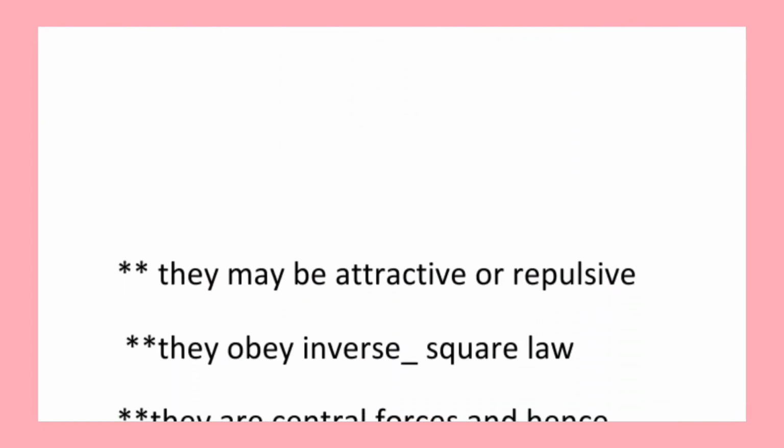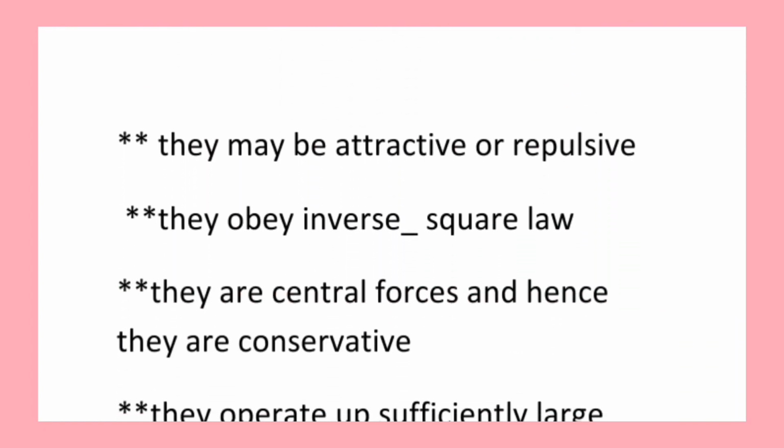As we look into the properties of electromagnetic forces, they can be attractive or repulsive forces, and they obey the inverse square law. These electromagnetic forces are central forces and hence they are conservative.